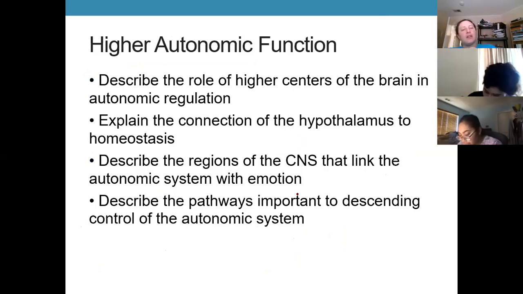Now, the autonomic nervous system does not work without supervision. So higher brain centers do have some amount of control. We're going to touch on the areas that have the most input into autonomic function and how they're able to influence all those motor neurons.